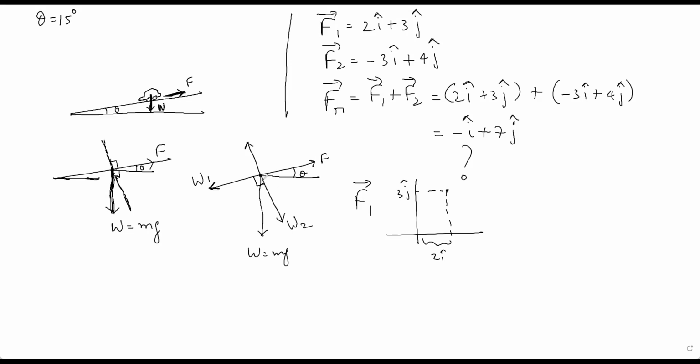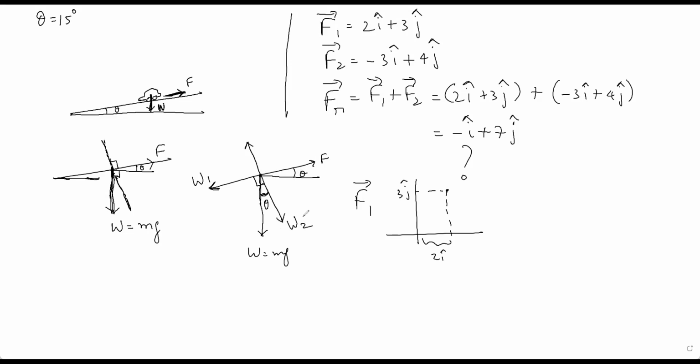Okay, so now we know this, but we need to do something with the angle, because we need to know this angle. Then only can we get the adjacent side. W to the adjacent side: what is this angle? It is theta. The 15 degrees is given, but according to the diagram it is just theta.